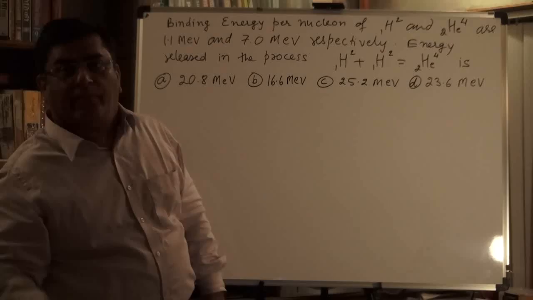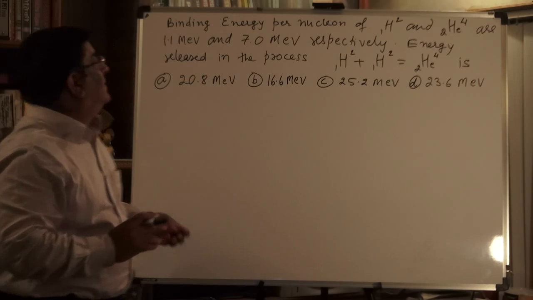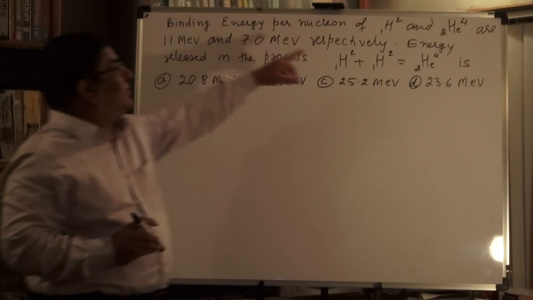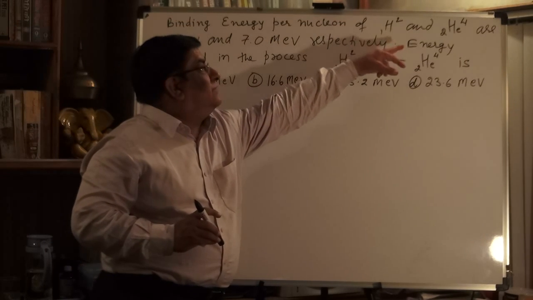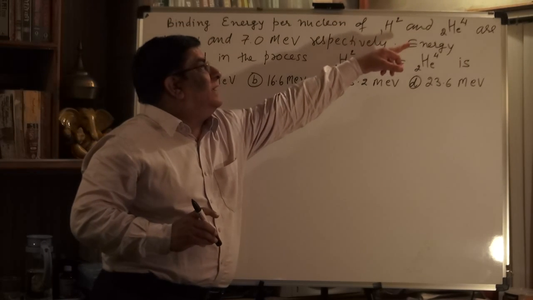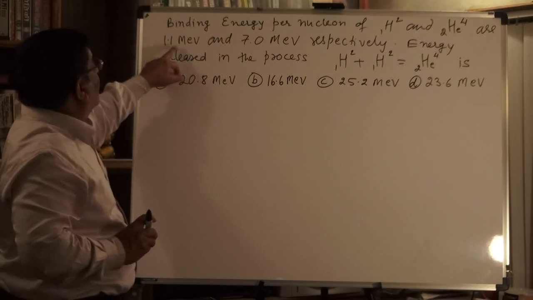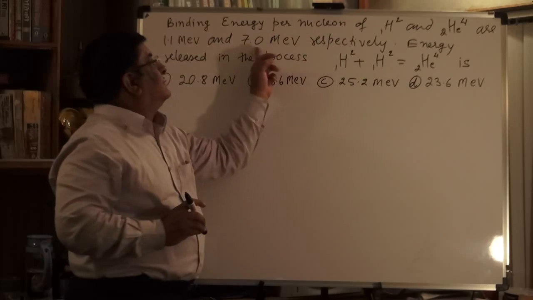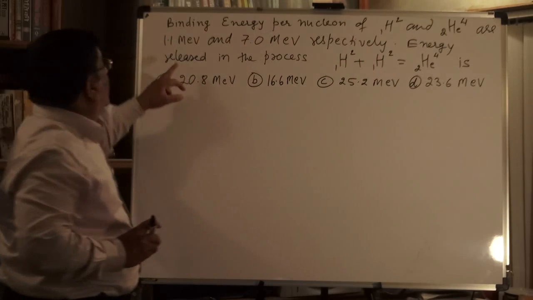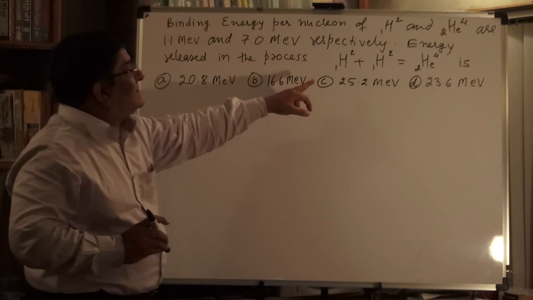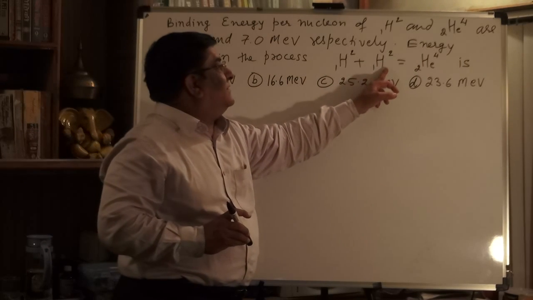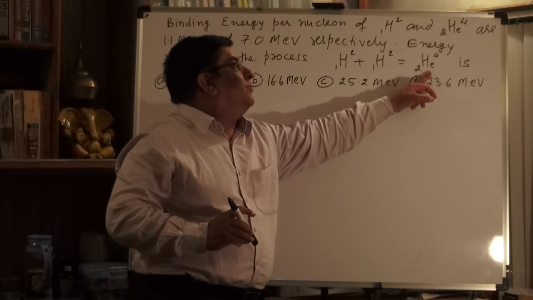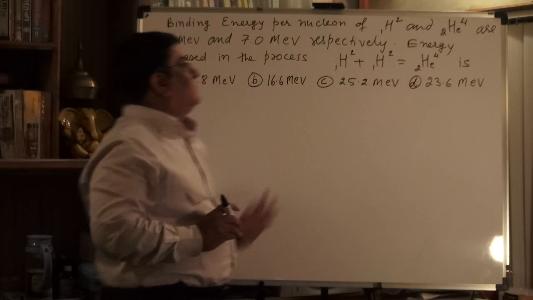Okay. Here is a question of binding energy. The binding energy per nucleon of deuterium and helium-4 are 1.1 MeV and 7 MeV, 1.1 for this and 7 for helium. There is a process where hydrogen plus hydrogen, that is deuterium, combine to make helium.